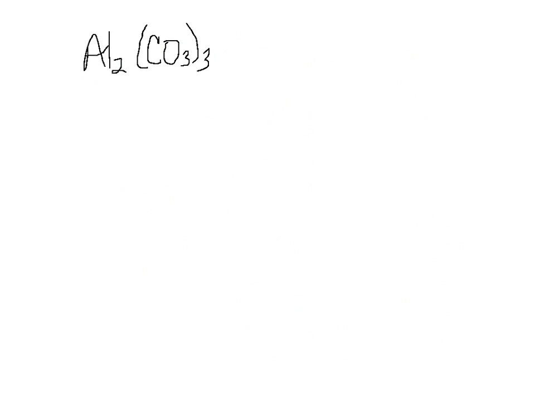Okay, so this is definitely going to be our hardest example. Right now we have a compound called aluminum carbonate, and aluminum carbonate is composed of more than just two different types of elements.